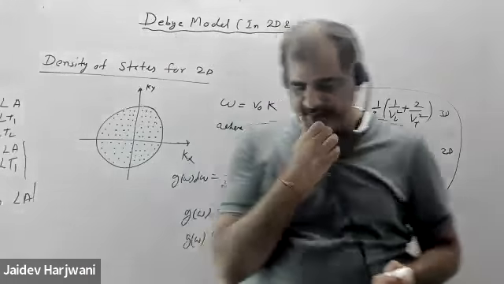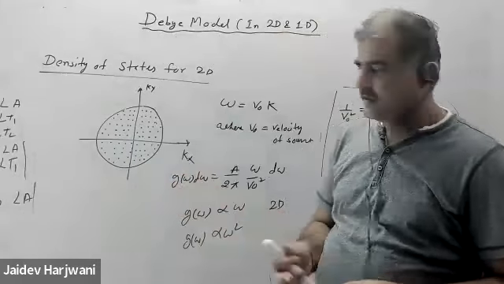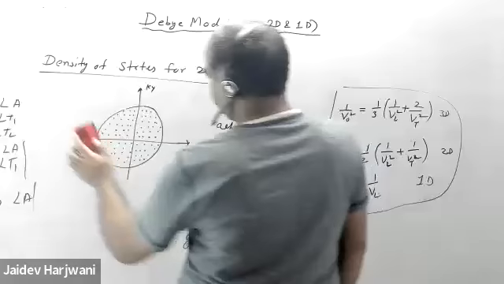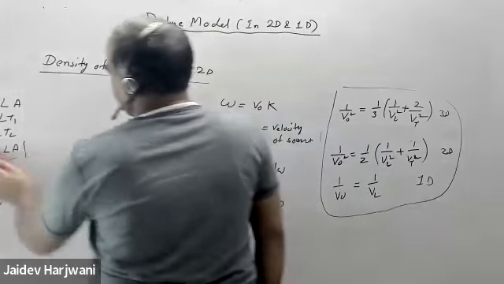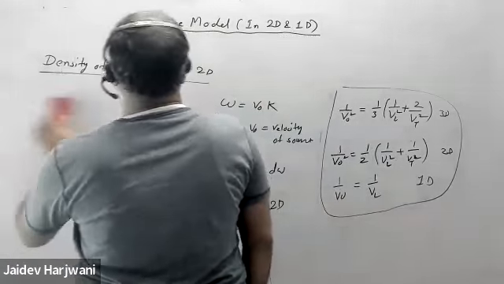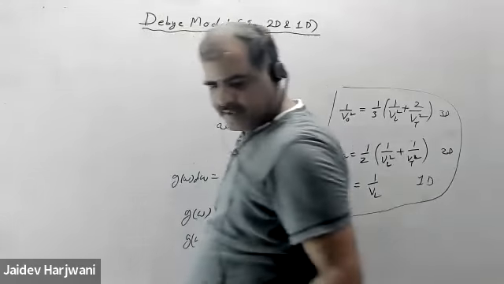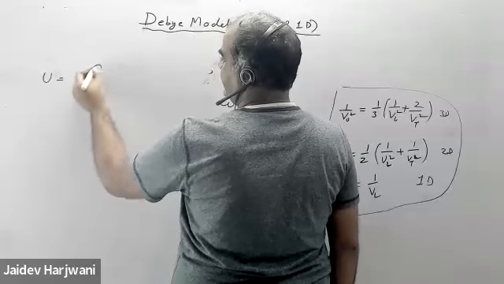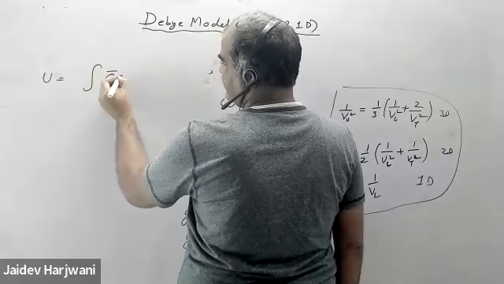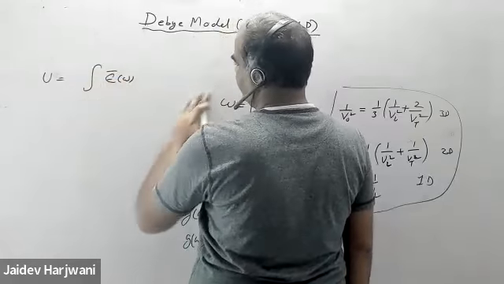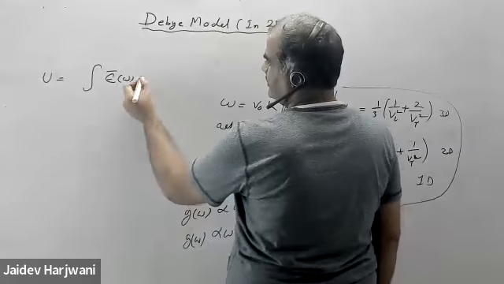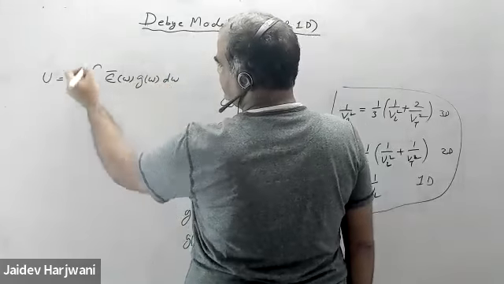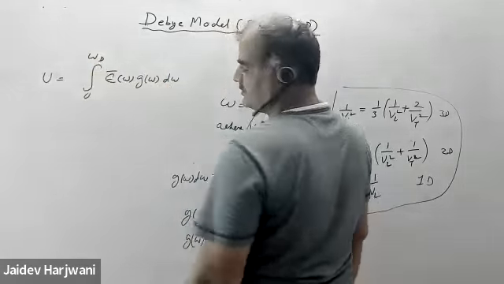Now you already know the density of states. Now you have to calculate the energy. So how can we calculate the energy? If I want to write the internal energy, it is simply the integration of the average energy of a quantum oscillator times g(ω)dω, and the frequency varies from 0 to the Debye frequency.